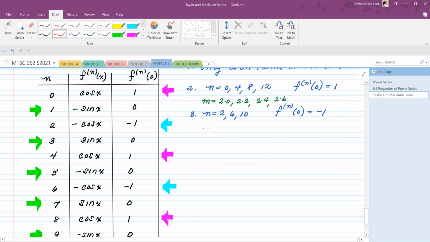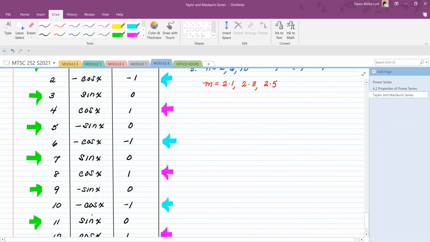Here, m is 2 times 1, 2 times 3, and 2 times 5. So every time my n is 2 times an even number, I get 1. But every time my m is 2 times an odd number, I get -1. So let's think about this.